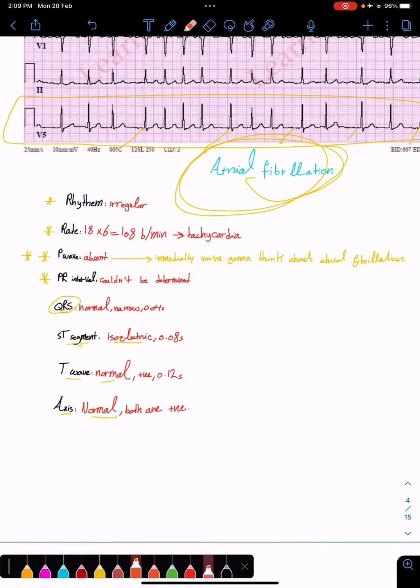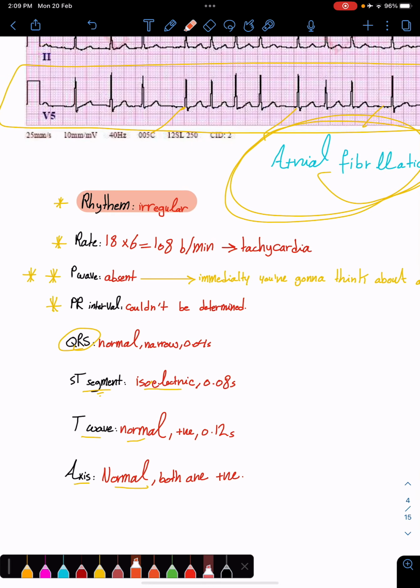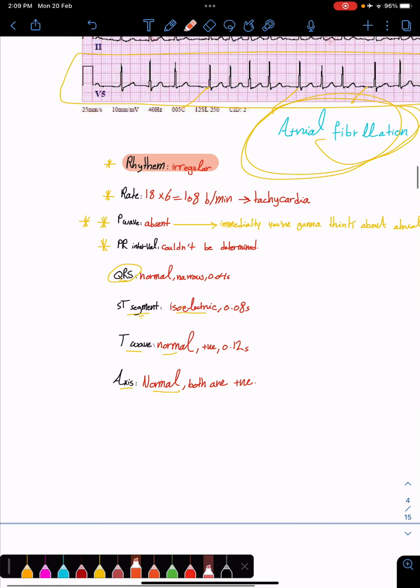The rhythm is going to be irregular, right? Okay, this is something that has to be mentioned, because an irregular rhythm is not just the same as atrial flutter.